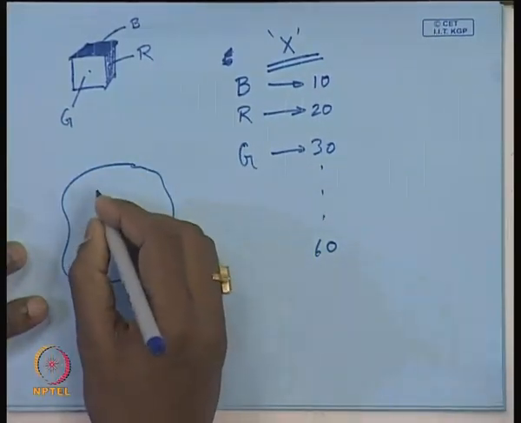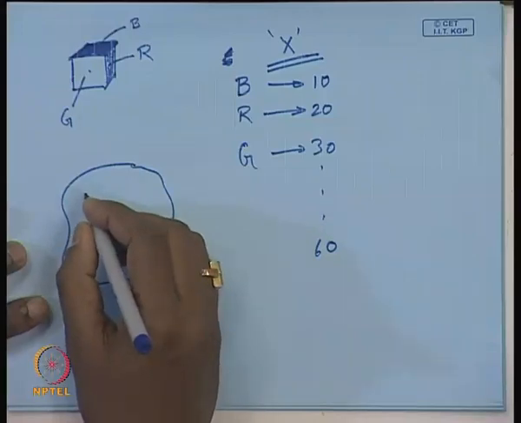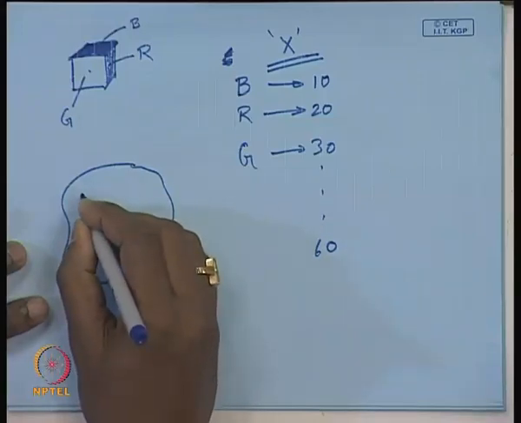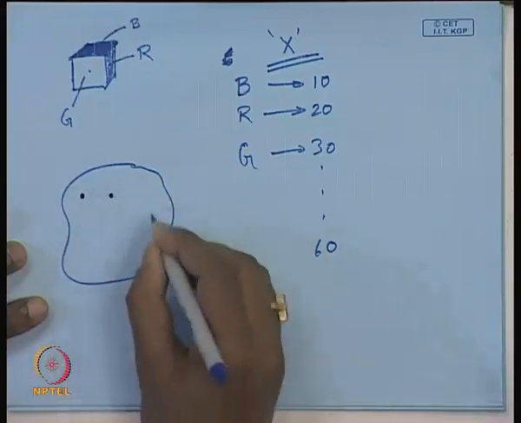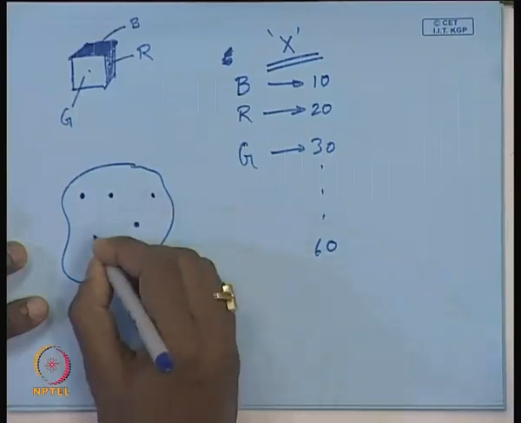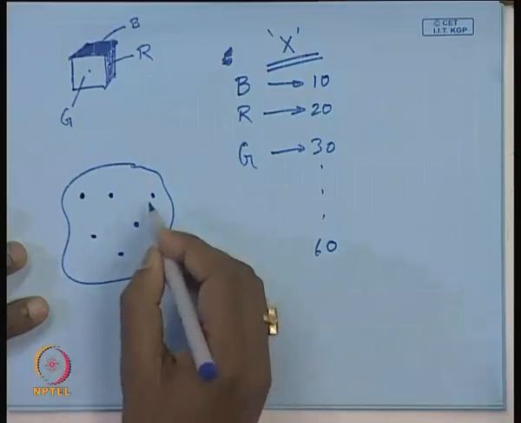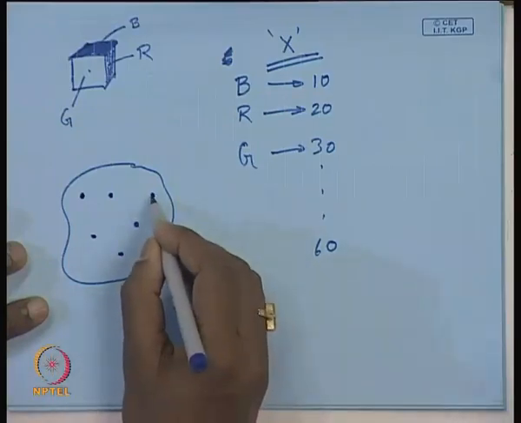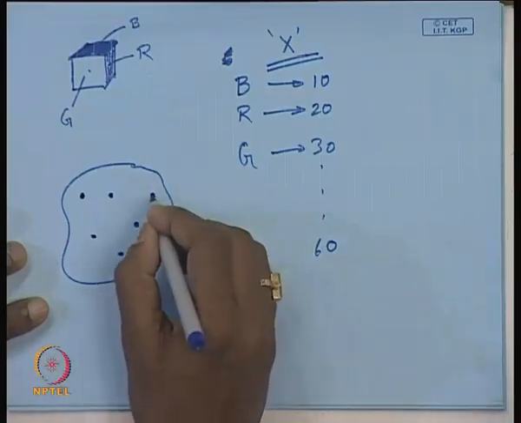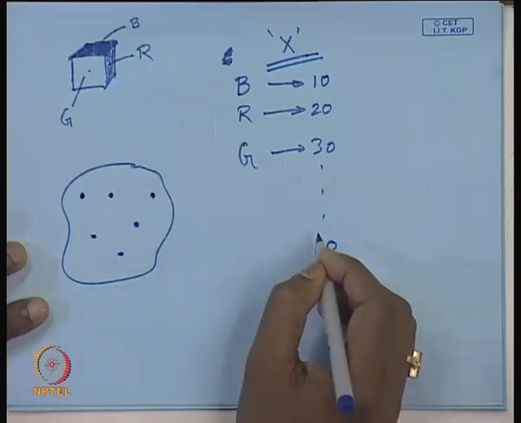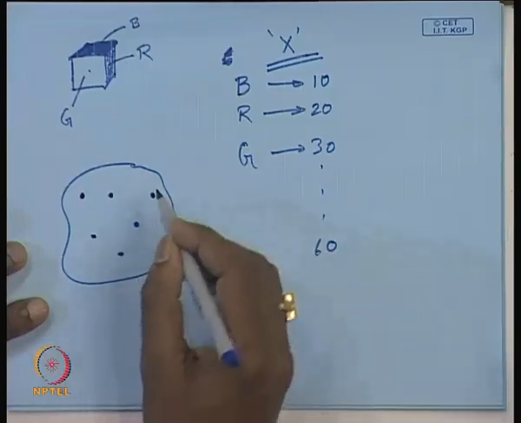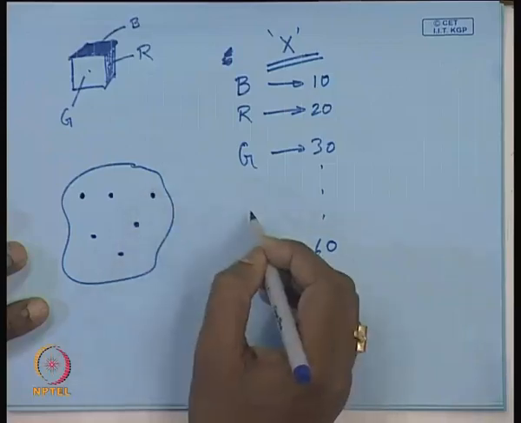Now, if I say that this random variable is defined for some specific values and the rest of the part it is not defined, it takes only some specific values. In that case, we say that this is a discrete case.